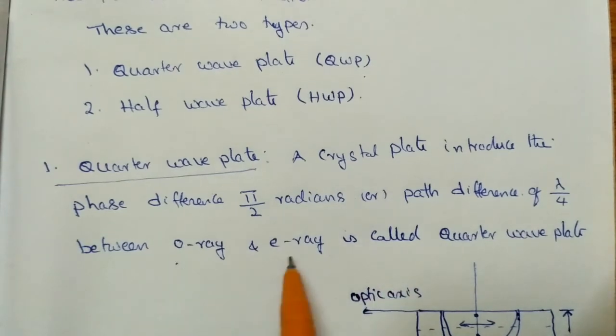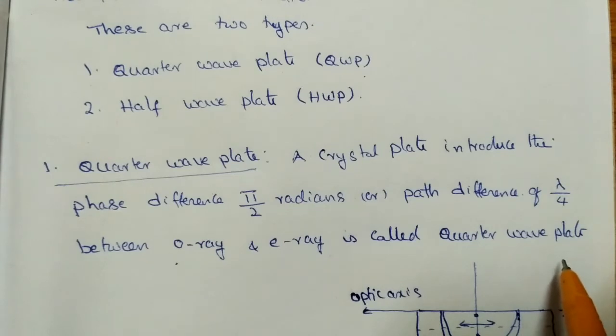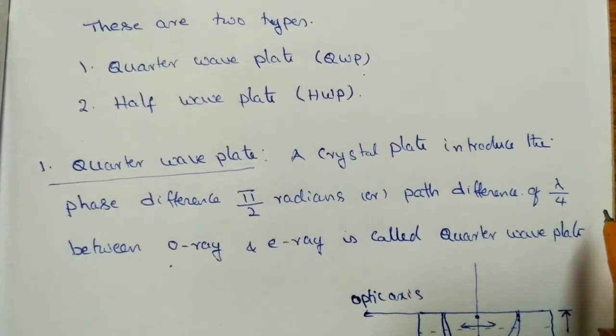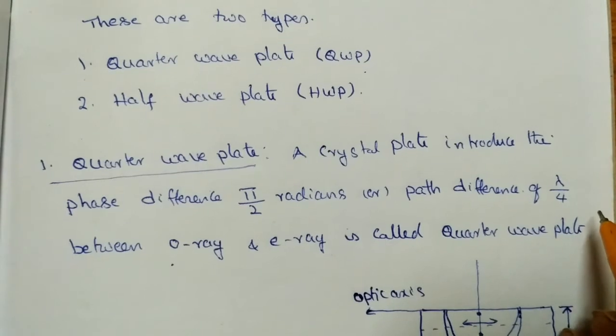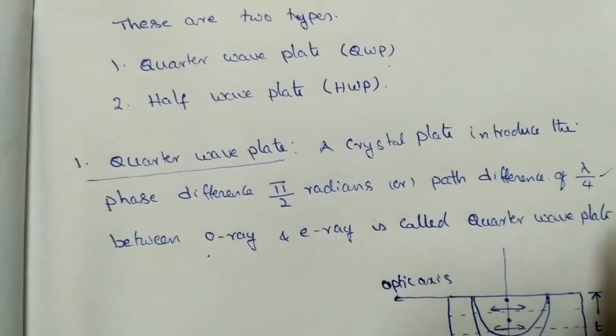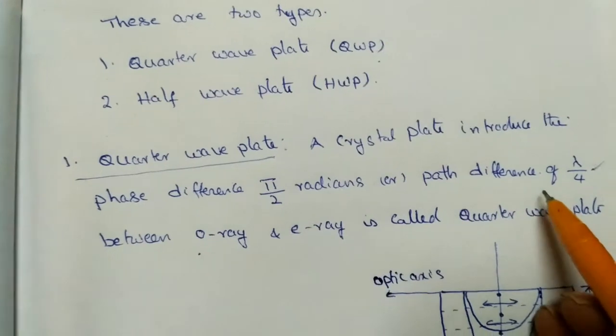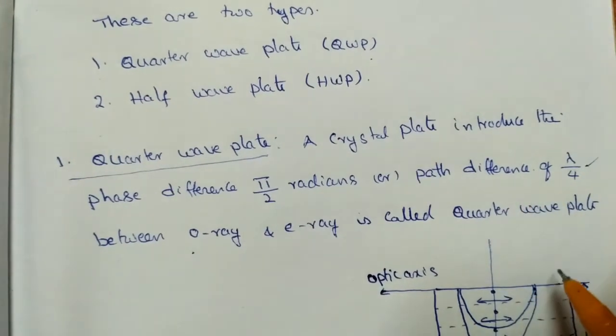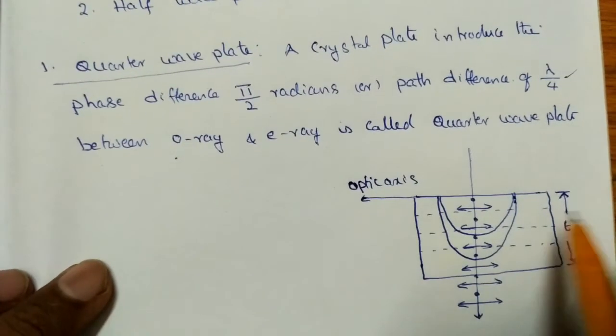Suppose the path difference is lambda by 4 between the ordinary ray and extraordinary ray, then this type of plate is called a quarter wave plate. It is used to produce circular or elliptical polarized light.